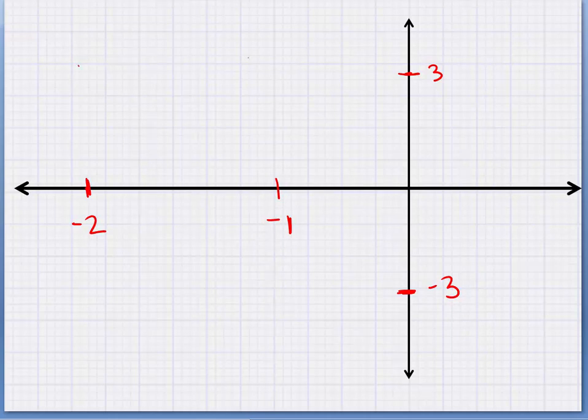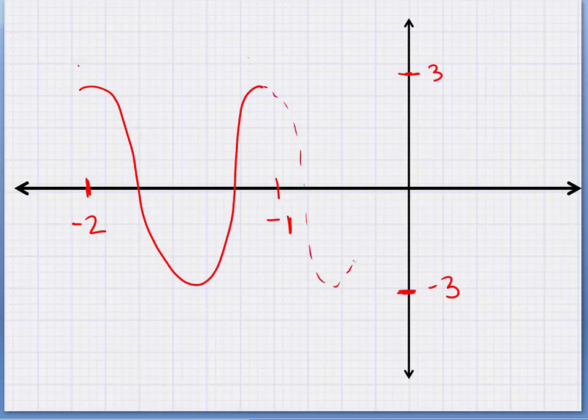Now normally your cosine looks like this for one period, and then it's going to continue on and on over and over again in either direction. But this would be one period.